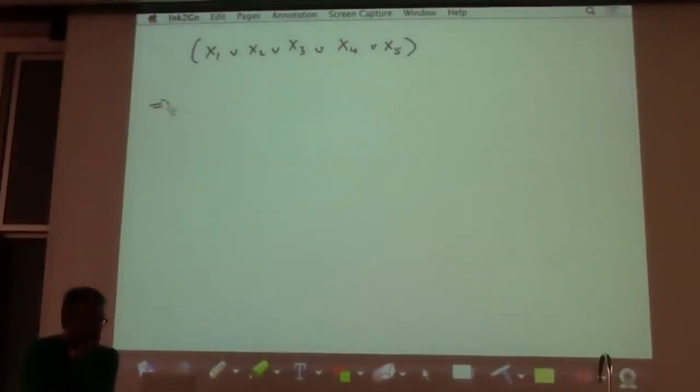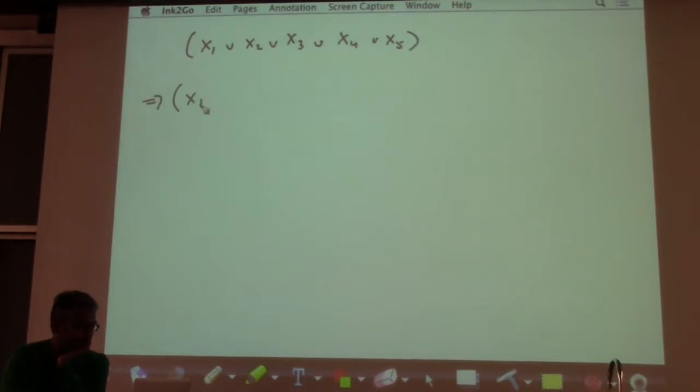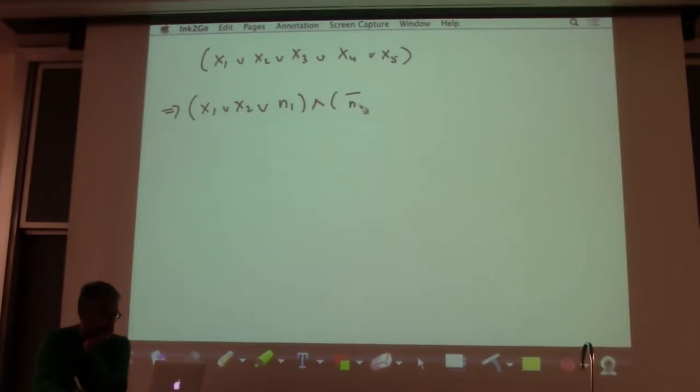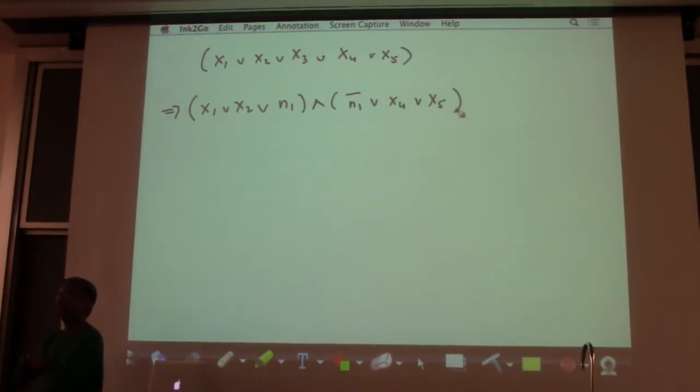I'm going to rewrite this as... I introduce a new variable n1.